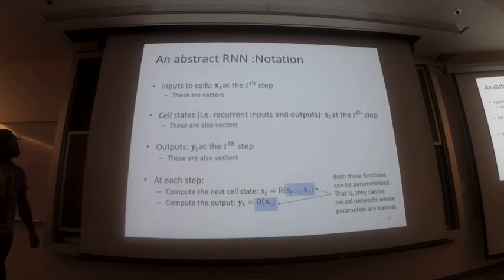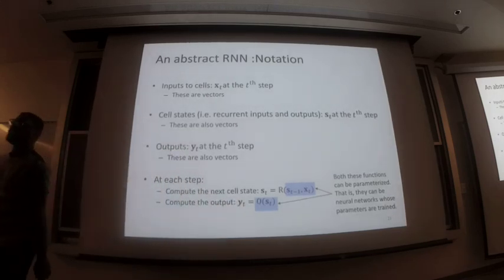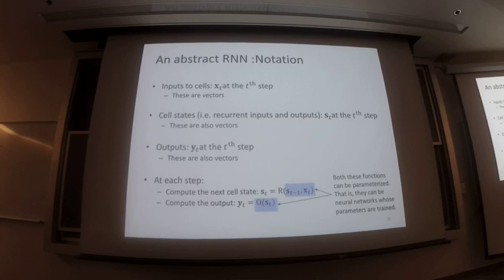And these functions here, R and O, they could be parameterized. This can be a neural network whose parameters are to be trained. So they could depend on some weights, and then you allow your network to learn those weights. You could initialize them at the first time step, and then you allow your network to learn those parameters from that point.